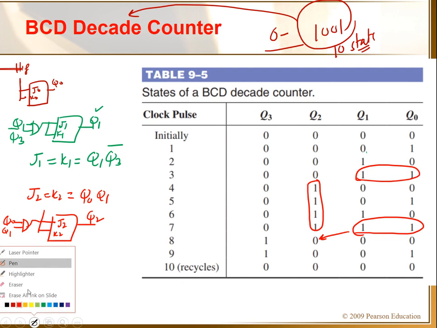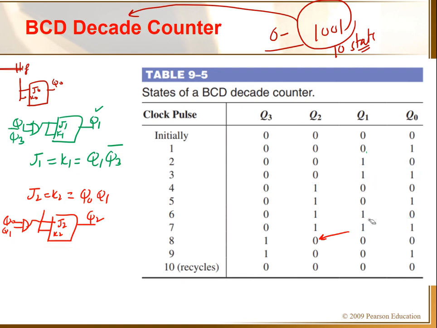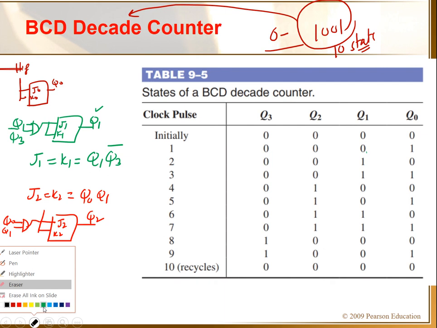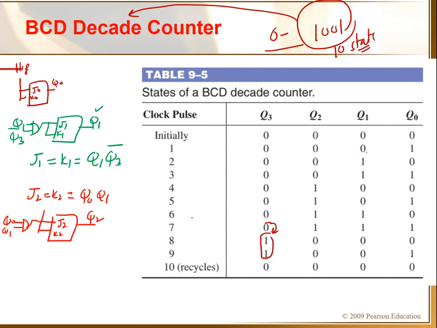Next, for the Q3 case, what is happening? If we look here, Q3 remains in this state and it's changing its state here. So when this state is changing, if you look at the previous states, it's changing its state when all Q0, Q1 and Q2 are equal to 1.